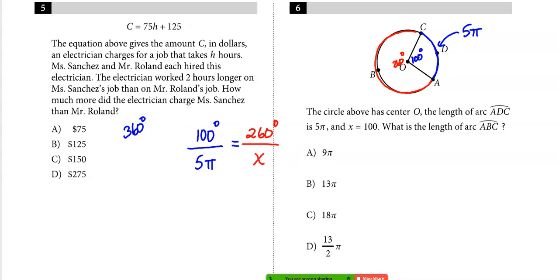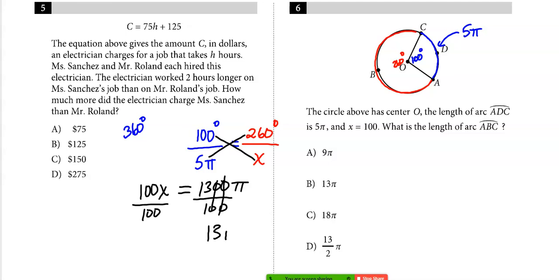So I'm going to do a little cross multiplying. I got 100x. Very common skill on the SAT is cross multiplying proportions. 5 times 260 is 1,300 pi. And divide this side by 100. Divide this side by 100, which basically wipes out the zeros. So it looks like it's going to be 13 pi. So the correct answer there would be B.